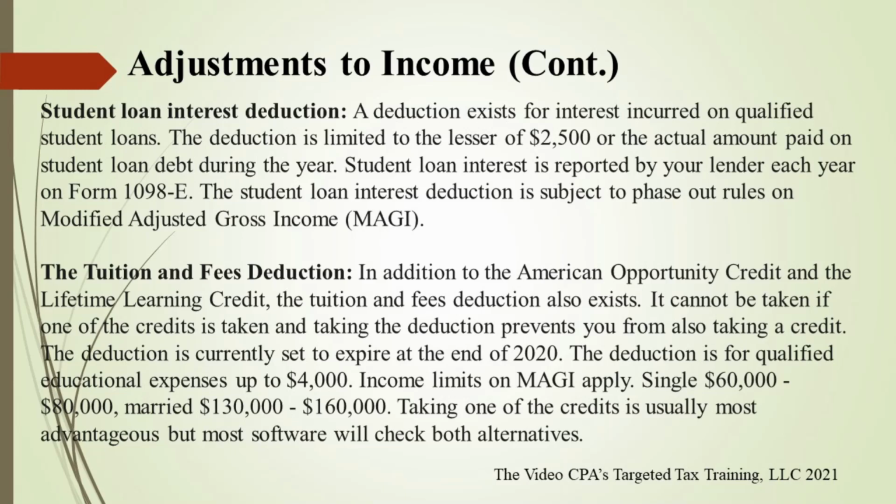Then the final thing in here is the tuition and fees deduction. And some people get a little confused here. I mean, you've got the American Opportunity Credit, and you've got the Lifetime Learning Credit. Well, these are credits, and that means they are deducted dollar for dollar from your taxes. A deduction is not deducted dollar for dollar.